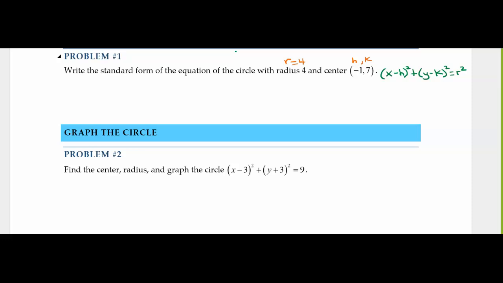So if we put in the things that we know, we know our r, we know our h, we know our k, let's go ahead and plug those in and see what we come up with.